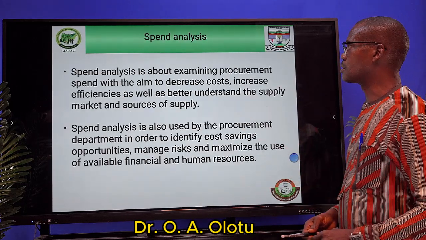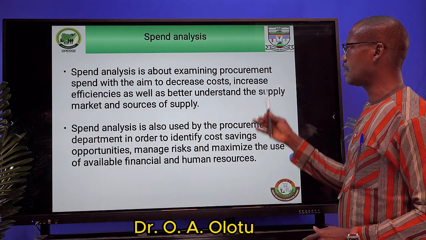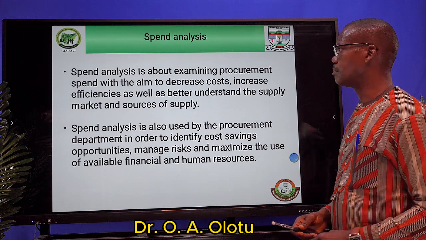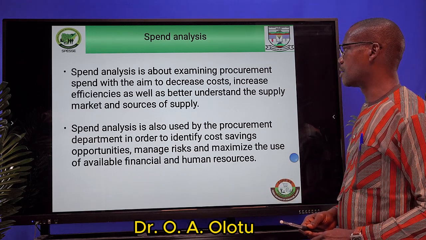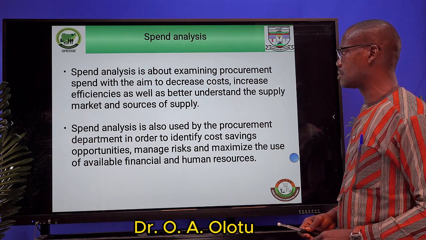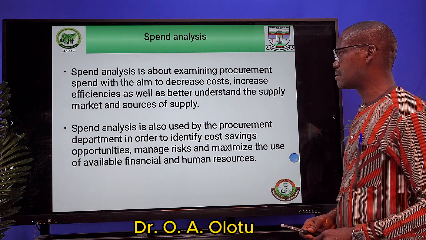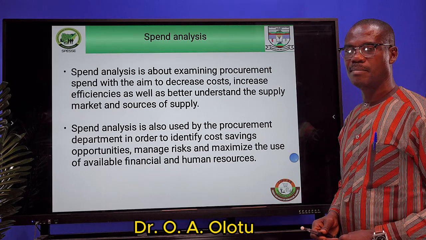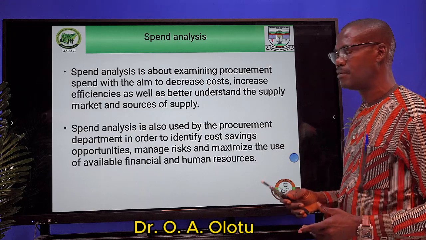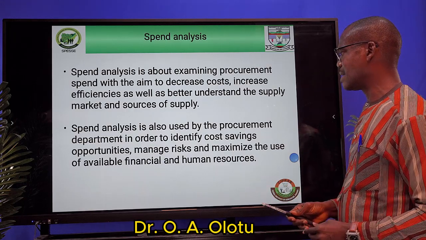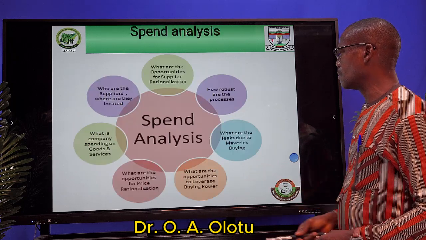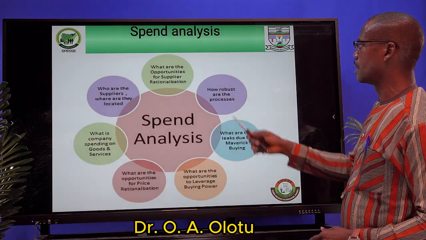Then this course also takes us to spend analysis, which is about examining procurement spend with the aim to decrease costs, increase efficiencies, as well as better understand the supply market and source of supply. So spend analysis is also very important for procurement entities in order to identify cost-saving measures and, of course, manage the risks that are inherent in the purchases in order to ensure performance.